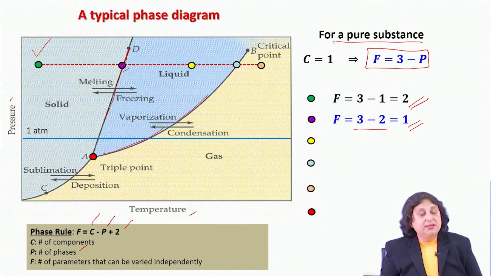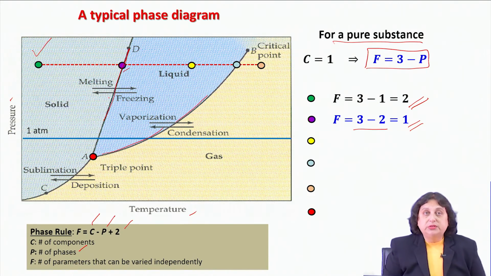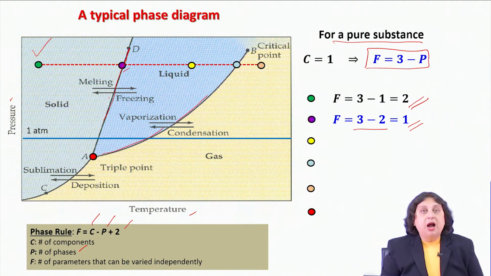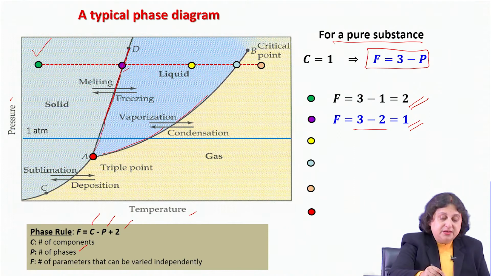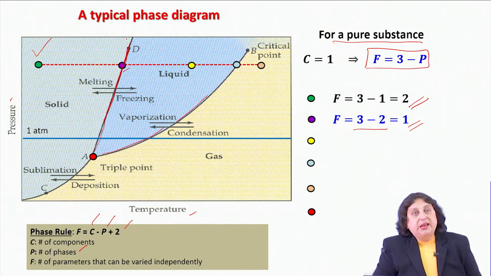And that is the reason why, instead of a two-dimensional representation, I will have a one-dimensional line here representing the variation of equilibrium between two coexisting phases in the phase diagram.